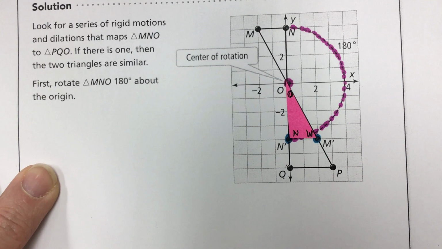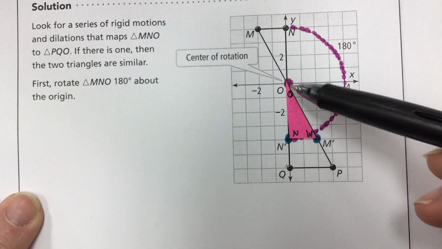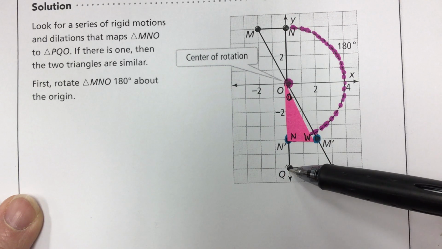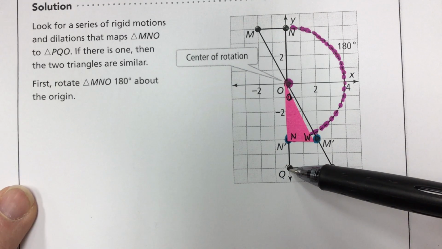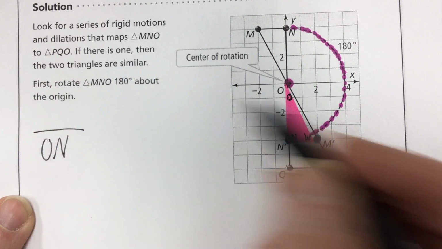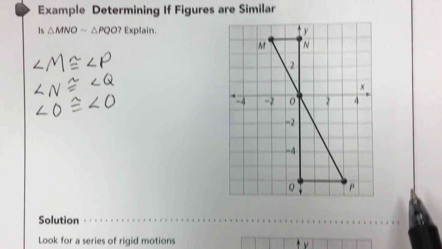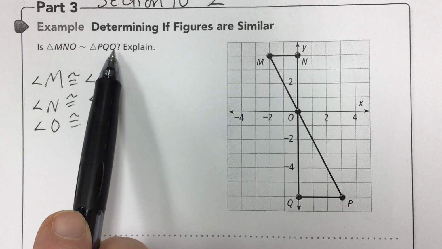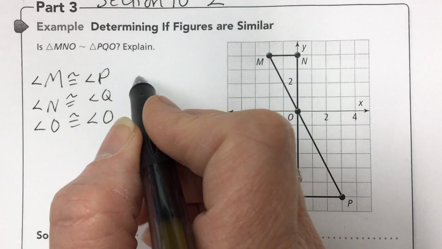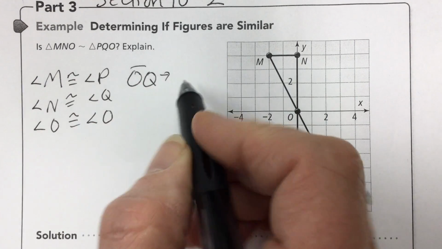So let's find the scale factor of each side. We can easily find the vertical scale factors because we know that ON and OQ correspond. ON is the original, so it's going to go in the denominator, and OQ is the dilated side. We also know from our similarity statement back up here, O goes with O, Q goes with N. So looking at sides, we know that OQ corresponds to ON.